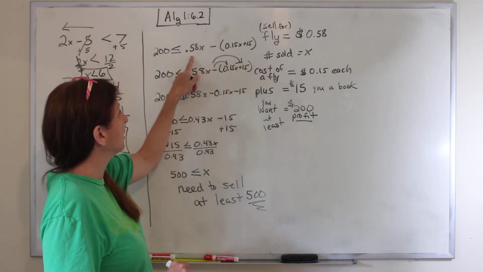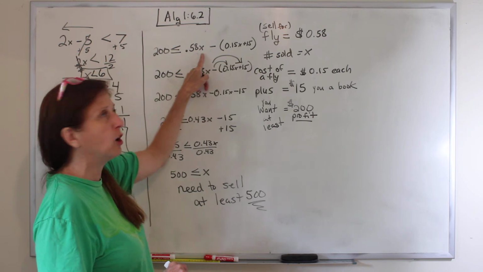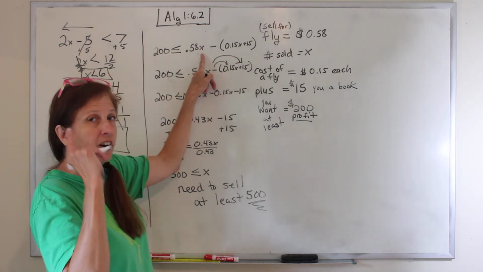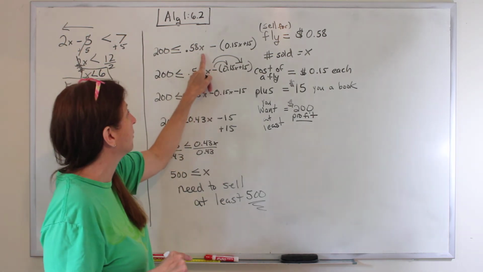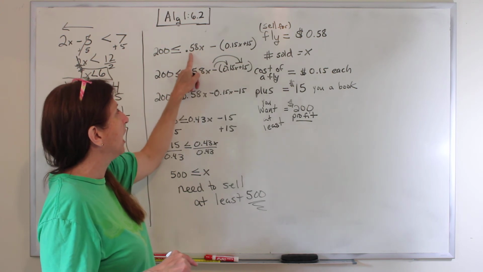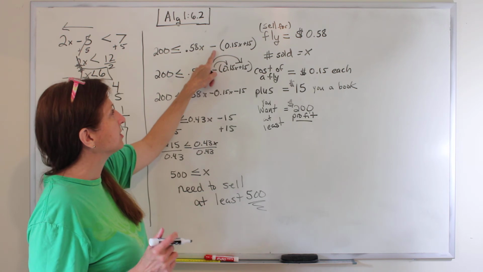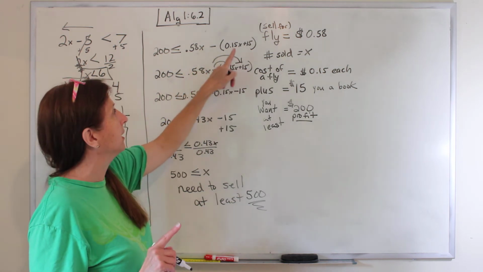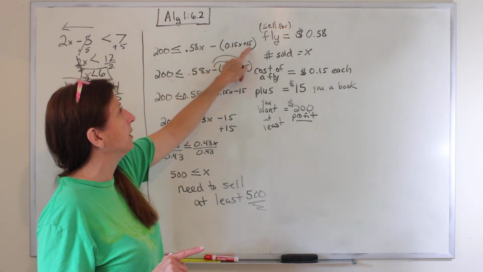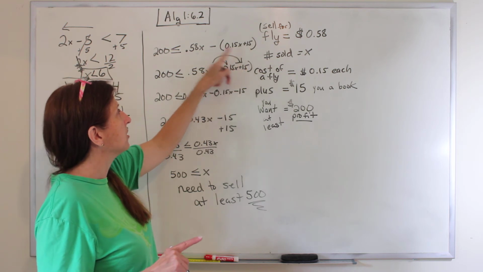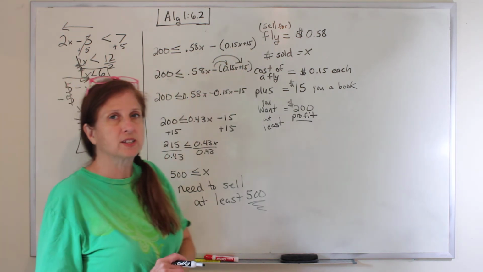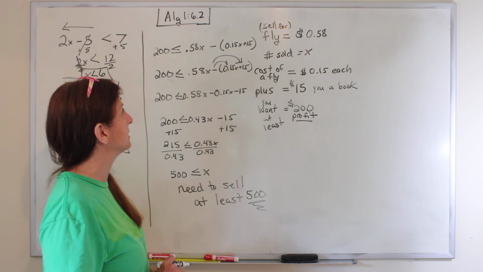So we're going to sell them for 58 cents each. We don't know how many we're selling. That's what we're trying to figure out, how many we need to sell to get our $200. But we'll multiply how much they cost by how many we sell, and that'll be the money we take in. But we have to subtract out what we put into it: 15 cents for each one plus a $15 book. So that's our equation. We're going to solve for x and find out how many we need to sell.